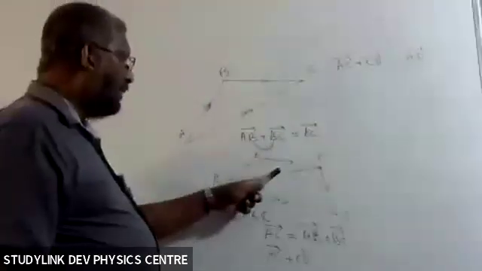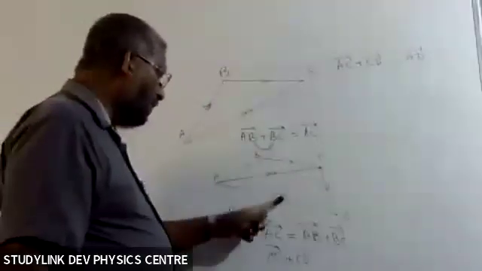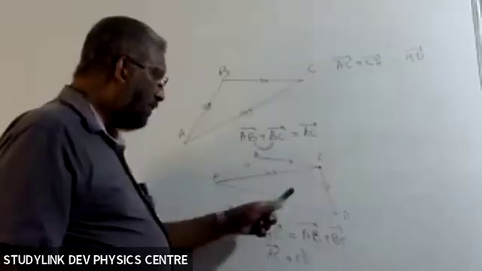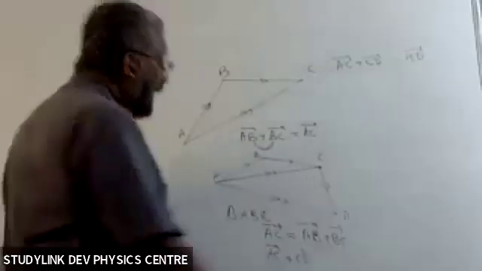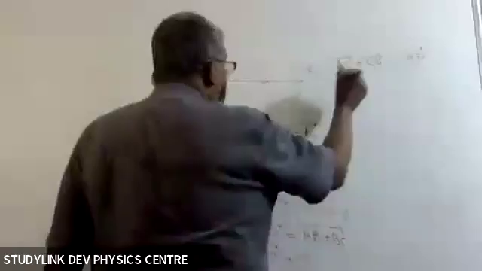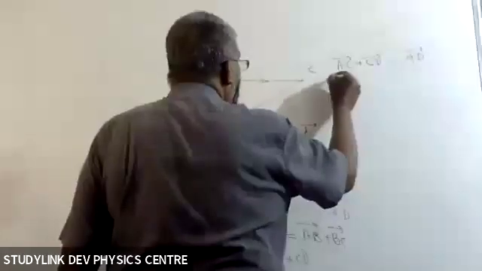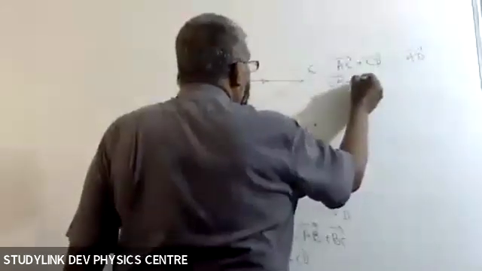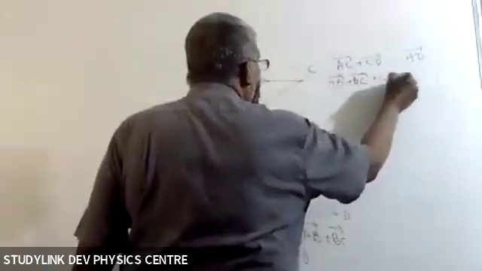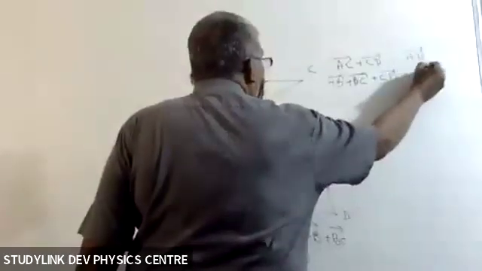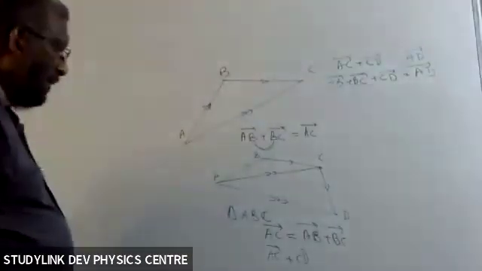For this addition, 2 arrowheads are drawn here, 3 are drawn by me here. AC is equal to AB plus BC. So then AB plus BC plus CD is equal to AD. Right, note it down.